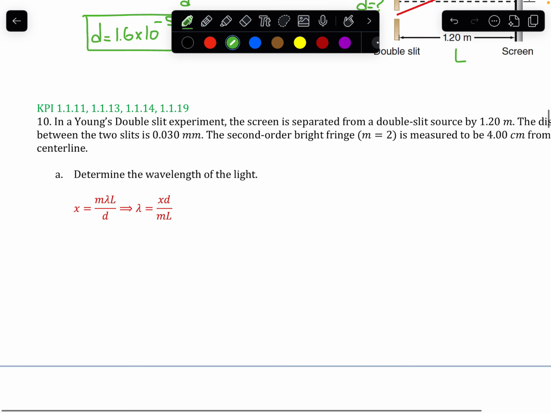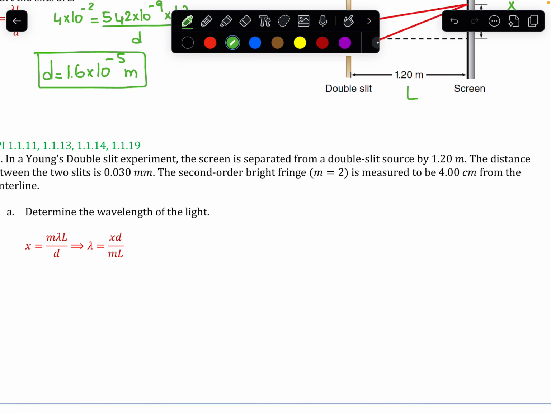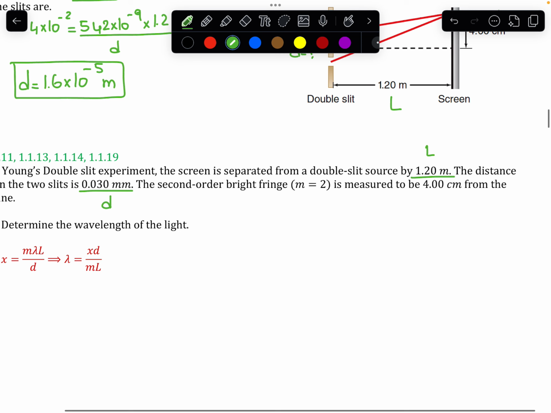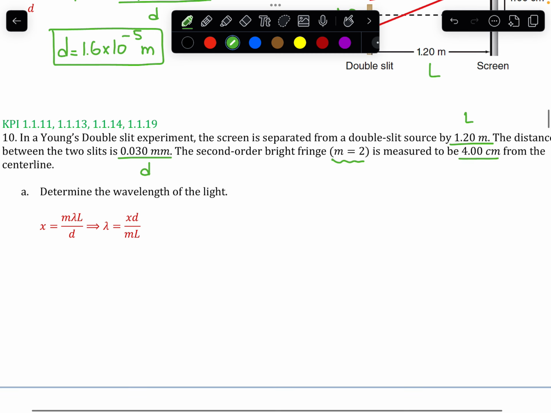Following question. Also in a Young double slit experiment, the screen is separated from a double slit by L. The distance between two slits is D. The second order, m equals 2, is measured to be 4 centimeters from the center line. So that's x. Determine the wavelength.